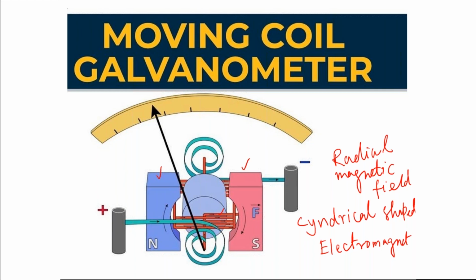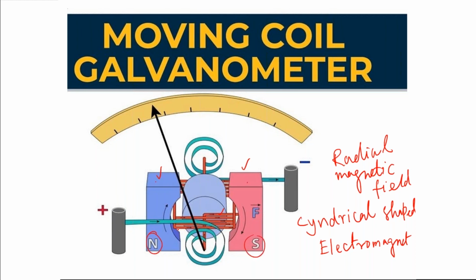This particular figure is taken from a website on the internet. You can even see it on your computer when you read this part, and this figure will give you a clear view of what is called a galvanometer.